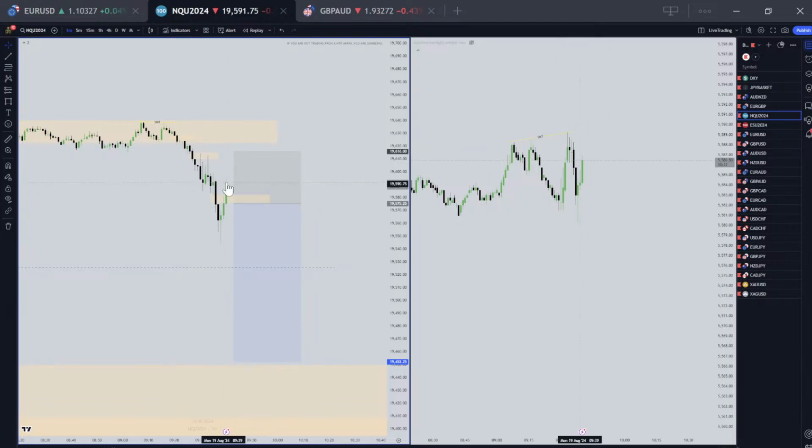Let's see if we can create a bullish fair value gap here, or just want a spike up before going down again.